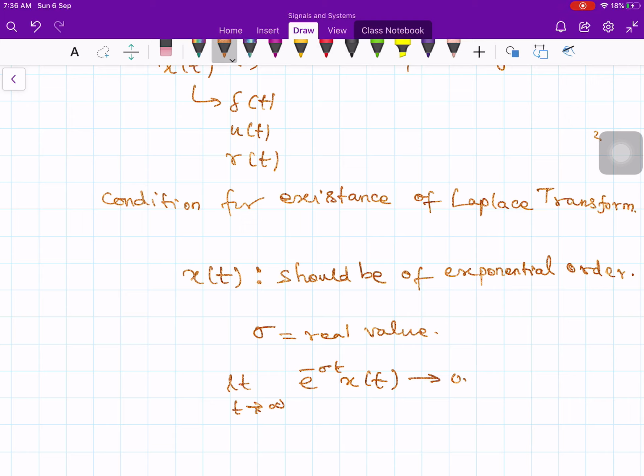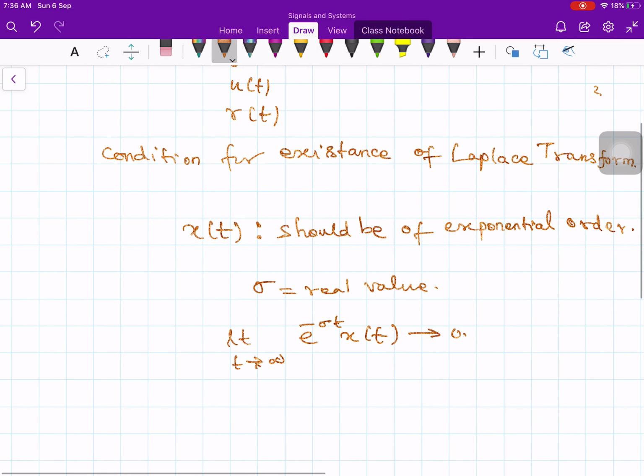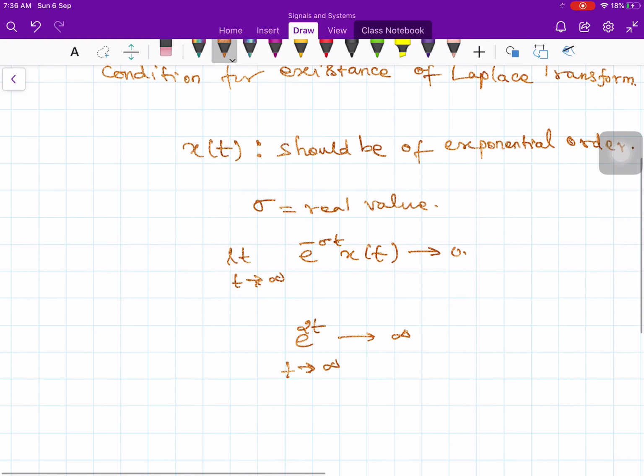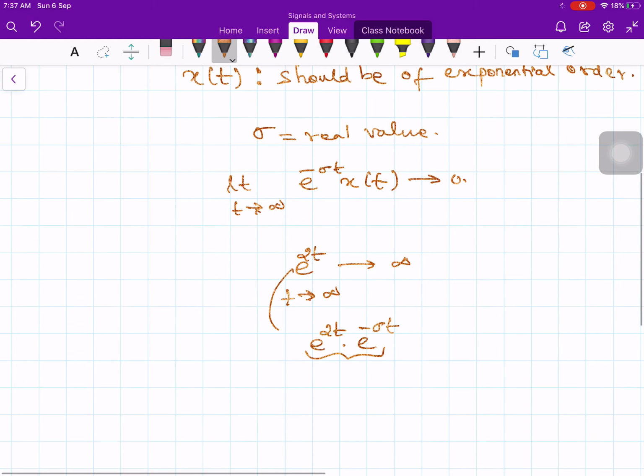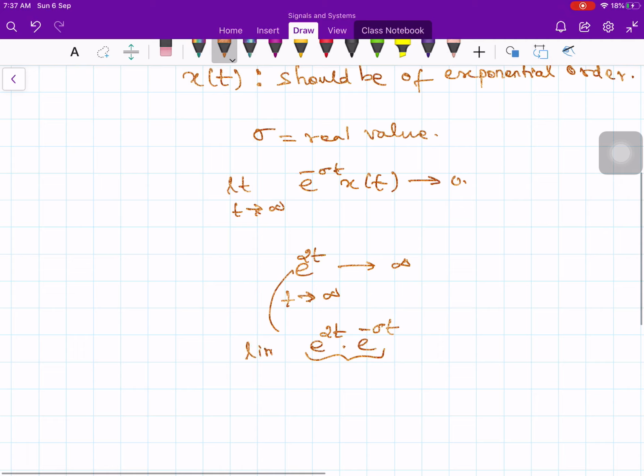Take any function that grows with positive t, as we have seen in the last lecture, let's say e to the 2t. When t goes to infinity, this also goes to infinity. Therefore we take this e to the 2t and multiply by e to the minus sigma t, such that if you allow the limit t goes to infinity, this will go to 0.